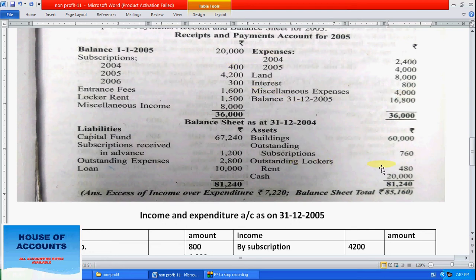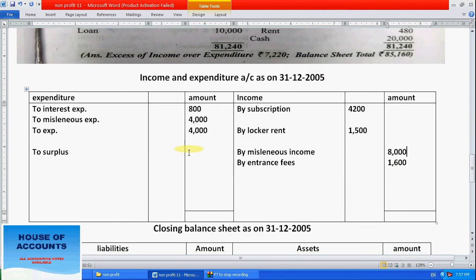After that, outstanding locker rent 480 is given here. Overall locker rent of 1500 is given, which means that last year's pending locker rent of 480 is also received in this. So deduct these 480 from 1500, because in the income and expenditure account we have to take only current year entries.